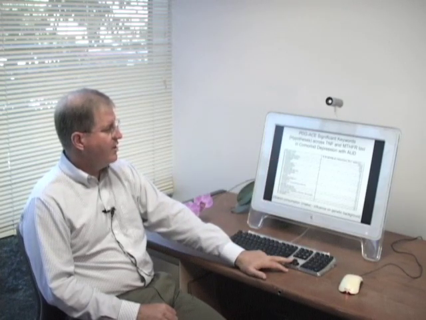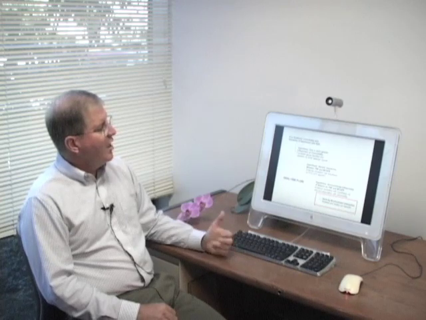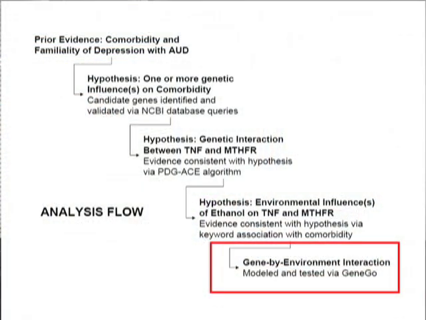So we really have a combined gene by environment interaction. So we now have what we think are reasonable candidate genes for this genetic effect. We have evidence that these genes interact and that there is an environmental influence on this interaction as well.